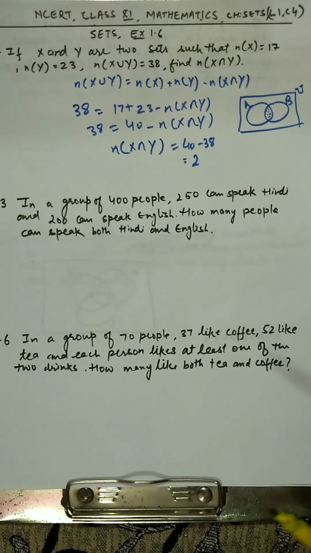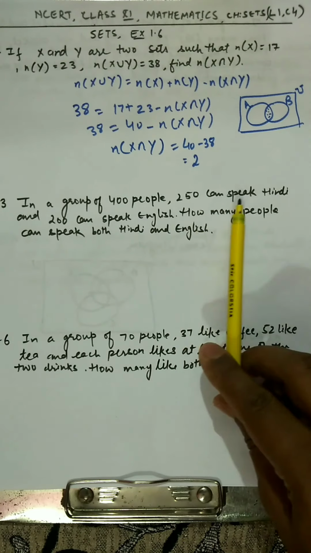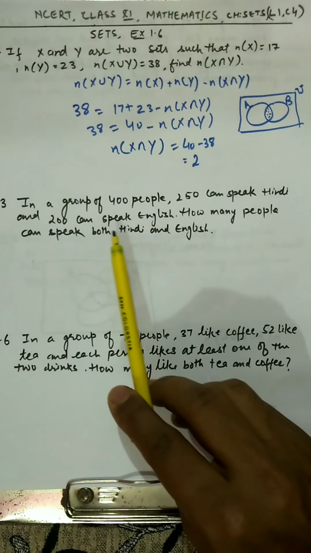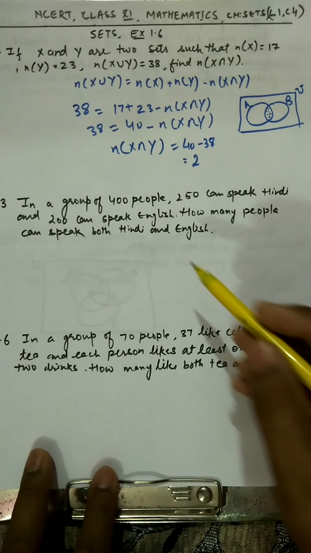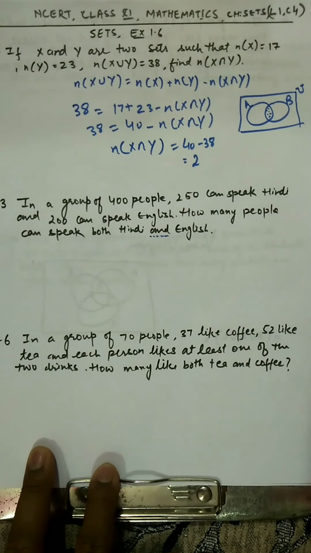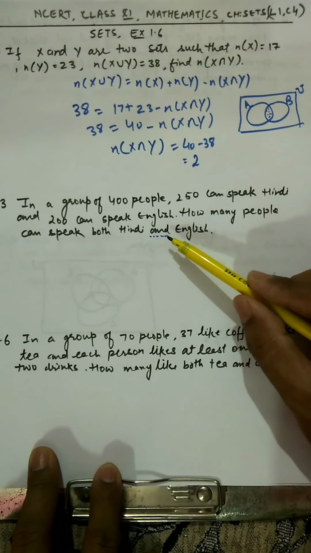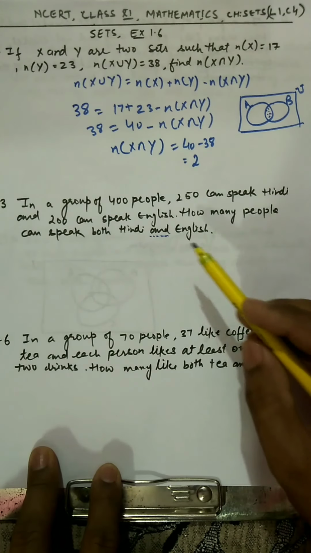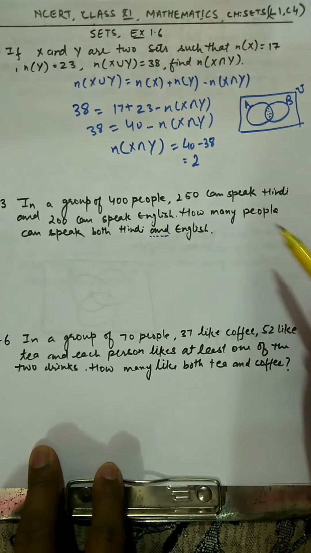Now come to question number 2. In a group of 400 people, 250 can speak Hindi, and 200 can speak English. How many people can speak both Hindi and English? Here you can underline the word "and". It means people who speak both Hindi and English, so "and" represents the intersection.